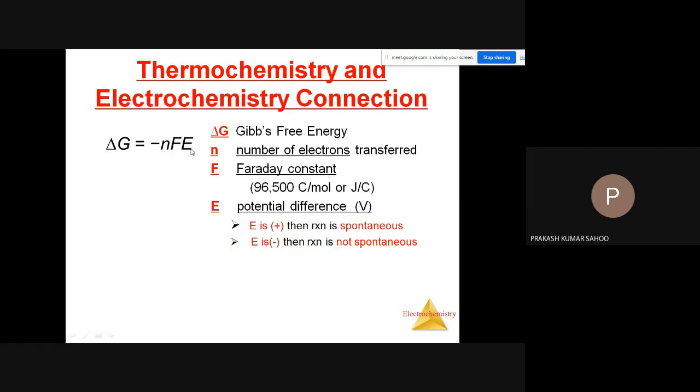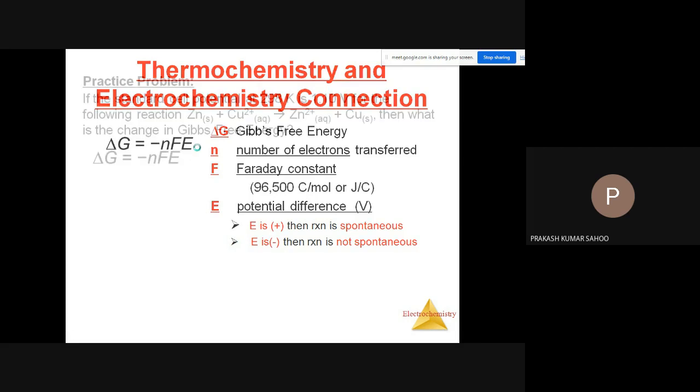When E is negative, the value on the right hand side becomes positive, and the reaction becomes non-spontaneous. It is vice versa.